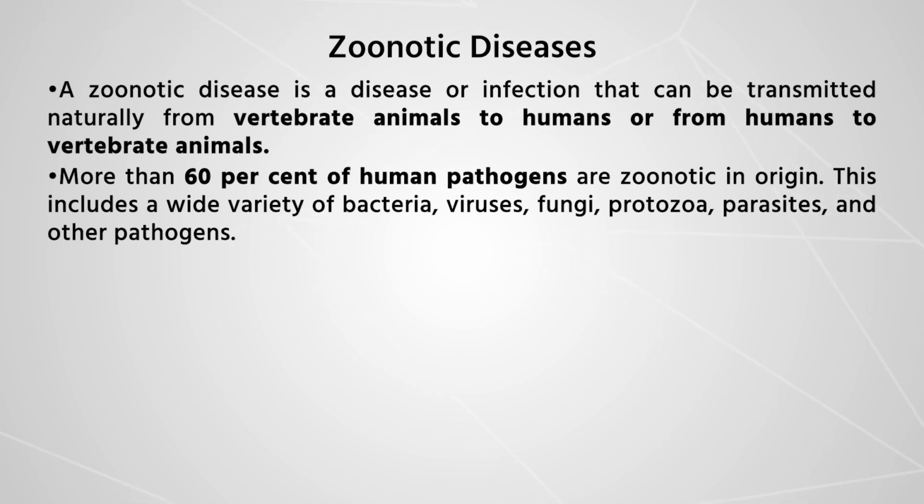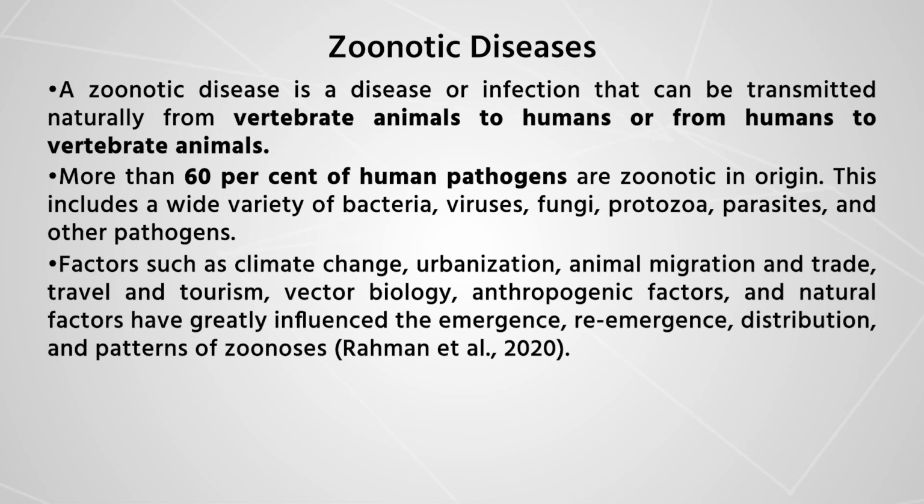This includes a variety of bacteria, viruses, fungi, protozoa, parasites and pathogens. Factors such as climate change, urbanization, animal migration and trade, travel and tourism, vector biology, anthropogenic factors and natural factors have greatly influenced the emergence and re-emergence, distribution and patterns of zoonosis.